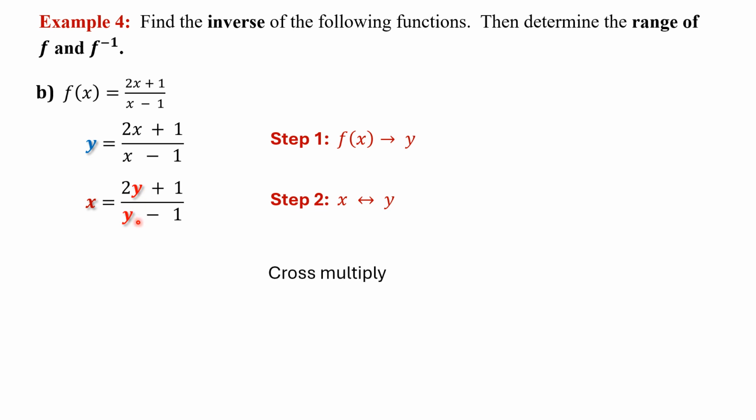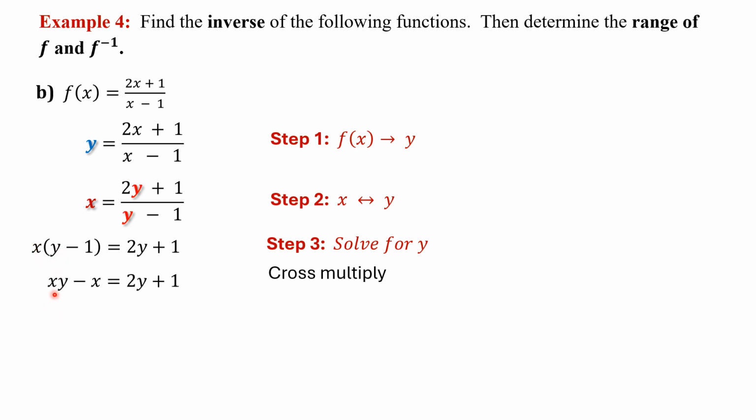And then step 3, we're solving for y by cross multiplication. So if we cross multiply this equation, it will give us x times y minus 1 equal to 2y plus 1. Since we are solving for y here and y is present on the right side and on the left side, let us open the brackets here.